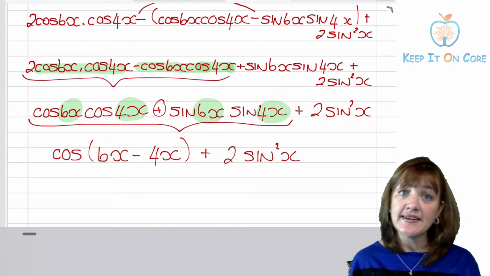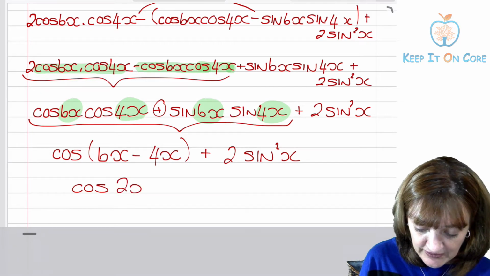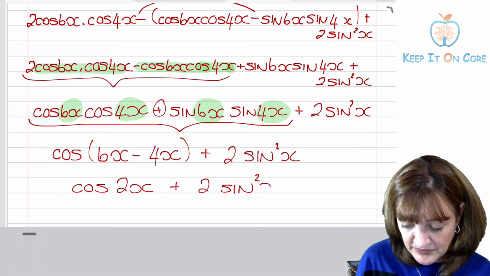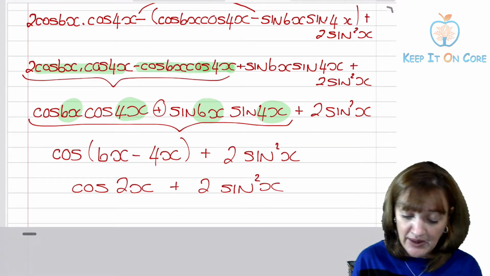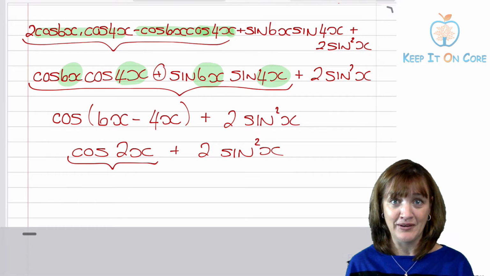So 6x minus 4x is cos 2x plus 2 sine squared x. Now I'm sitting with a double angle identity that I would be able to expand.